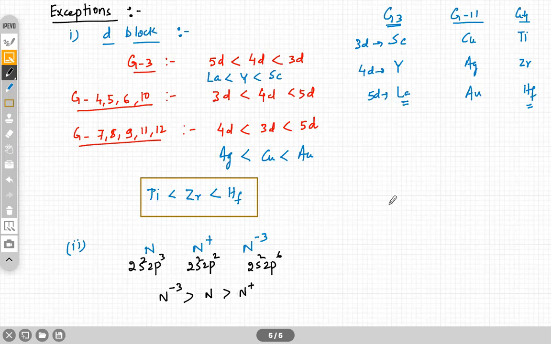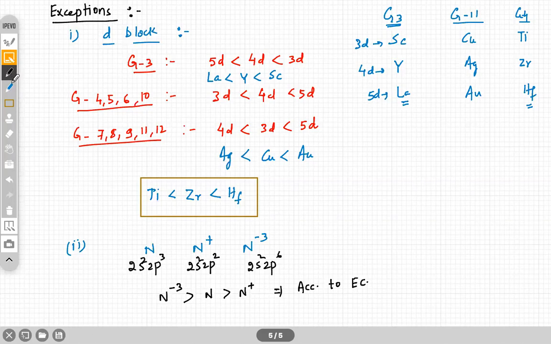Right? This is according to EC, electronic configuration. Correct? This is the one factor. If you consider electronic configuration, you will get this as the answer.